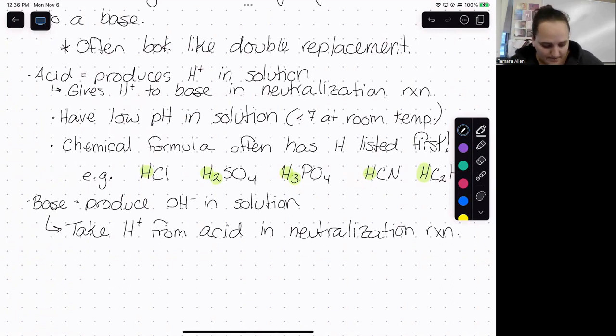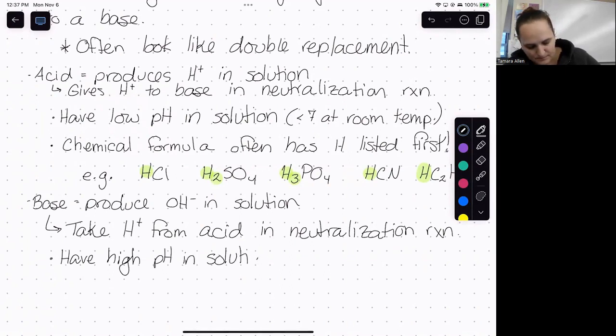They tend to have high pHs in solution, and at room temperature, that means greater than 7.